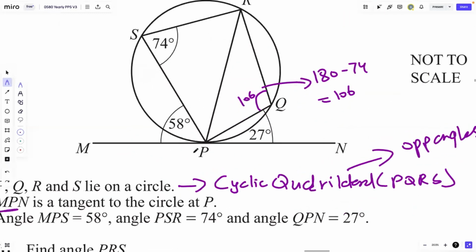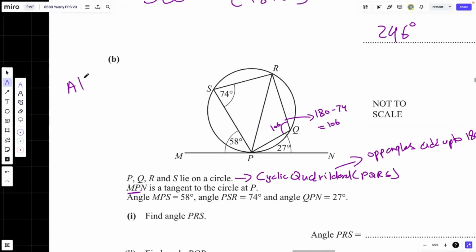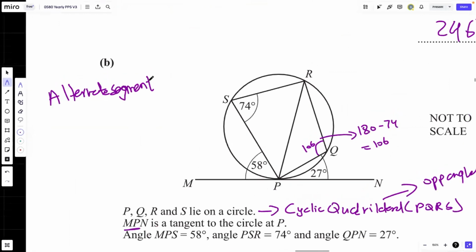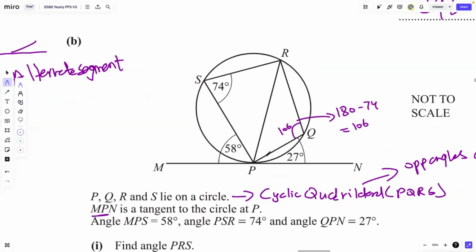What I just explained to you was the alternate segment property. If you're not aware of this, do read up on it. It's an important property. You usually have this when you have a chord and a tangent making an angle.